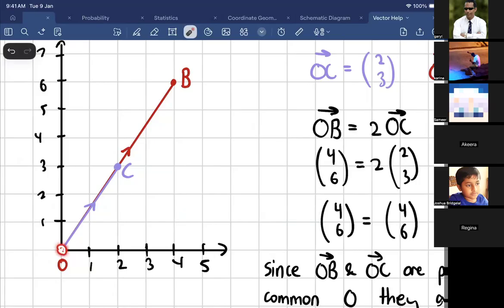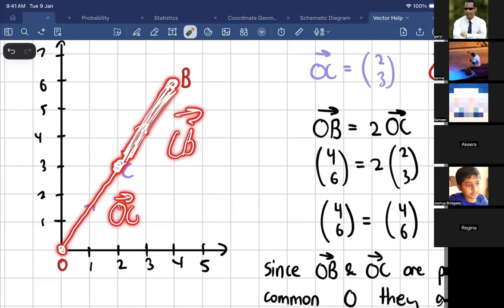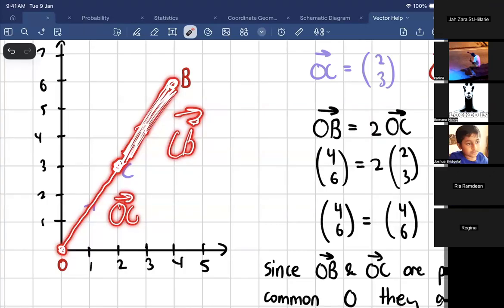Okay, guys. We know that this is vector O to C. This vector will be what? C to B. Would vector O to C and C to B be collinear? Yes, sir.